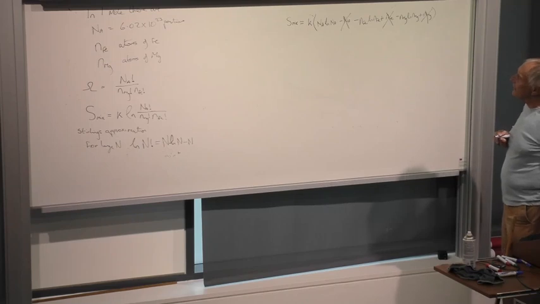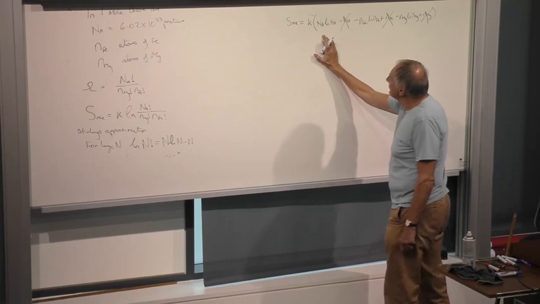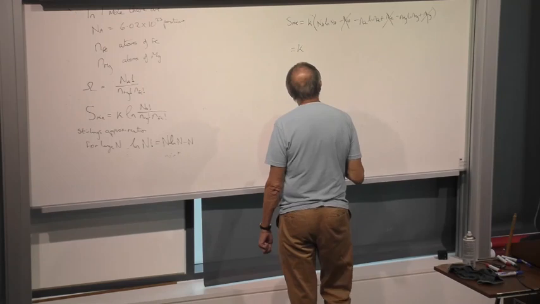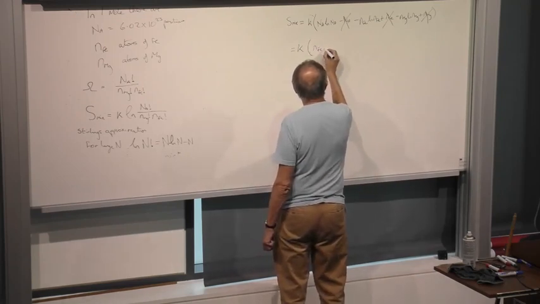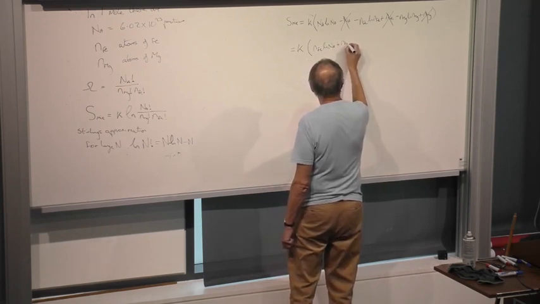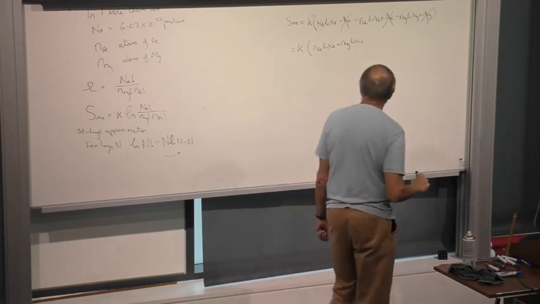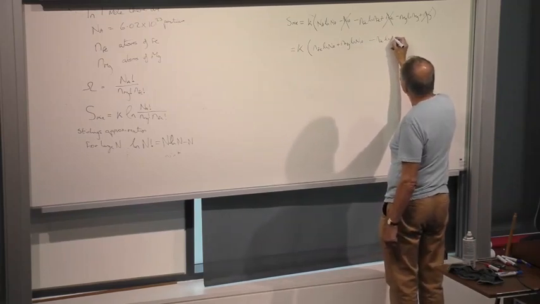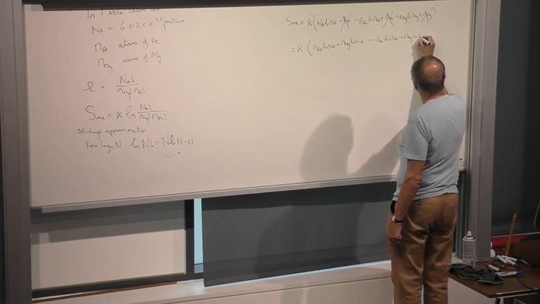And what we're going to do now is we're going to separate this into two terms: NFe ln Na plus NMg ln Na, minus NFe ln NFe minus NMg ln NMg.